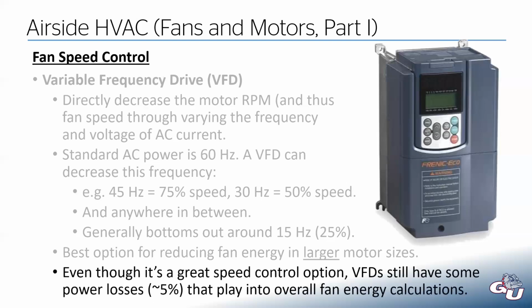So if we think back to our horsepower equations, if we had a VFD on the fan, we would need a VFD efficiency factor in there. And usually it's right around 5%. So it's not terrible, but there is some inefficiency that has to be factored in as a result of the VFD.